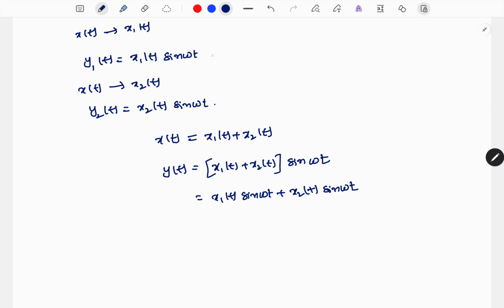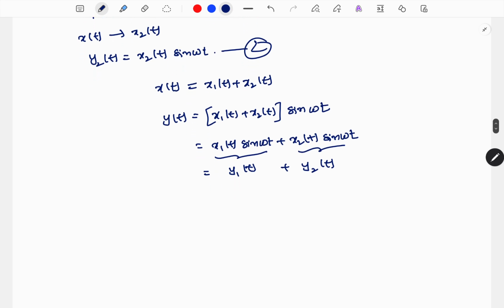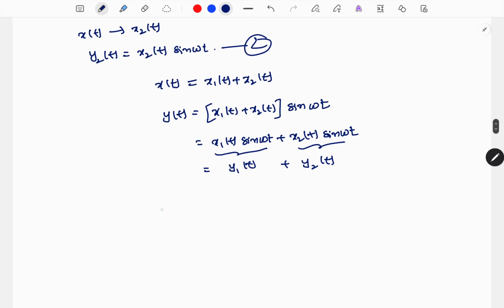From equation 1 and equation 2, we can write this as y1 of t plus y2 of t. So the additivity condition is satisfied, meaning y of t is equal to y1 of t plus y2 of t.